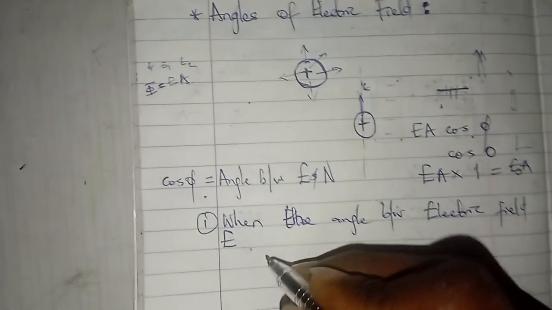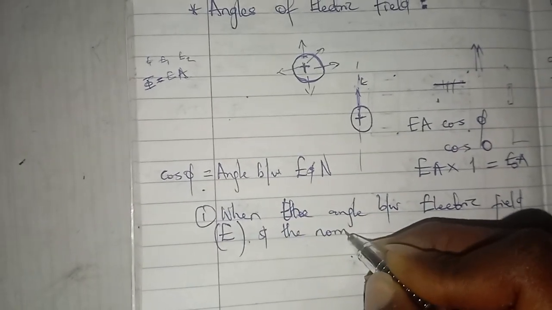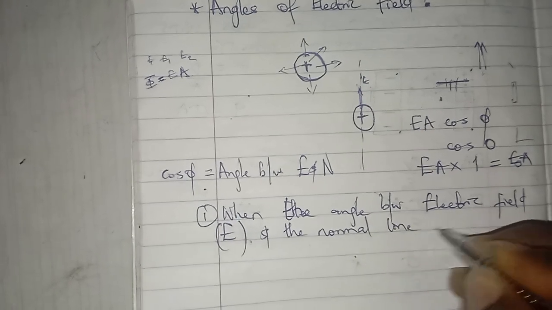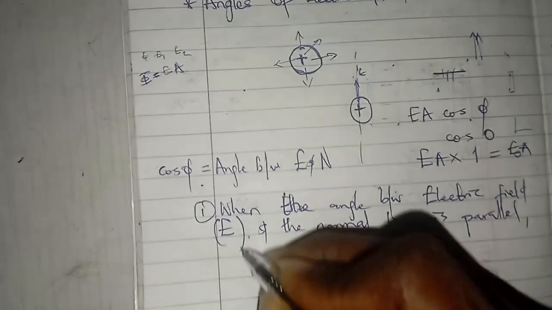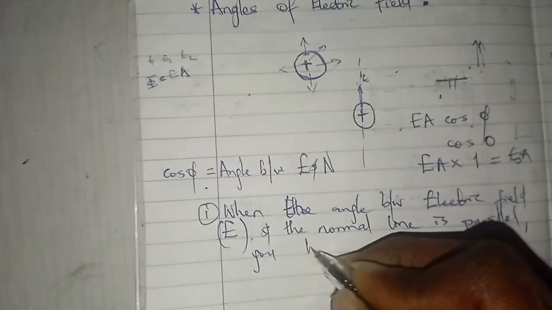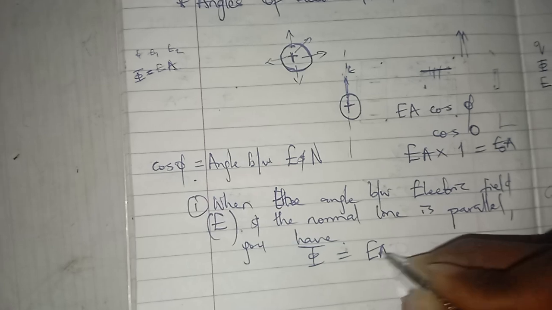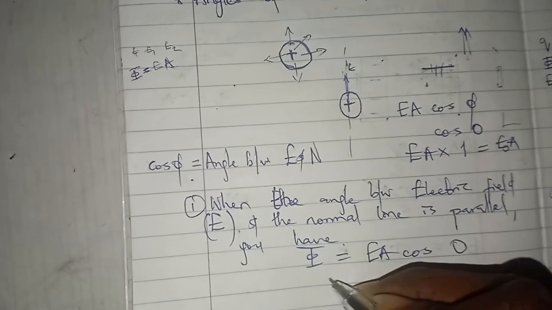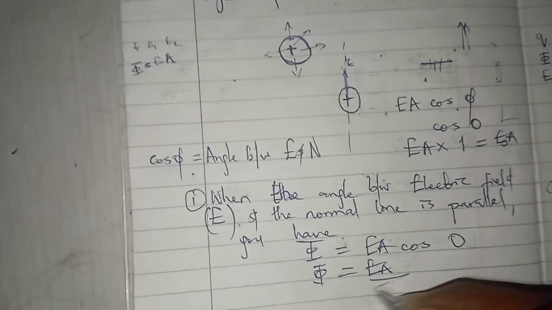So when the angle between the electric field E and the normal line is parallel, you have electric flux equal to EA cos 0. And that is going to be the same thing as saying EA, because cos 0 is 1.